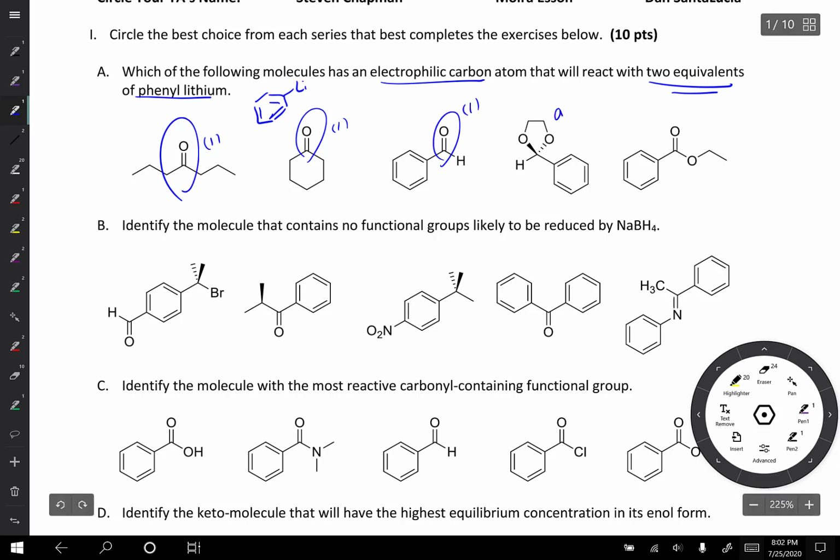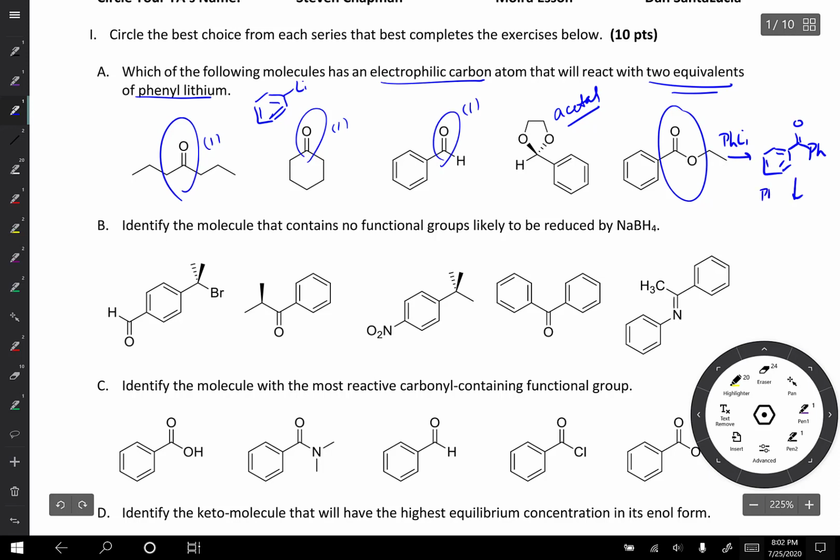Here we have an acetal. We know that these do not react with phenyllithium. And then here we have an ester. We know that once we react with phenyllithium once, we're going to get our corresponding ketone, like this.